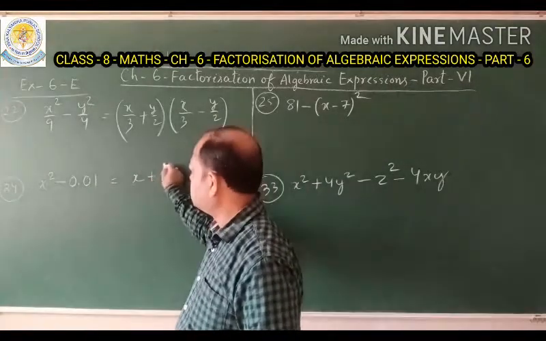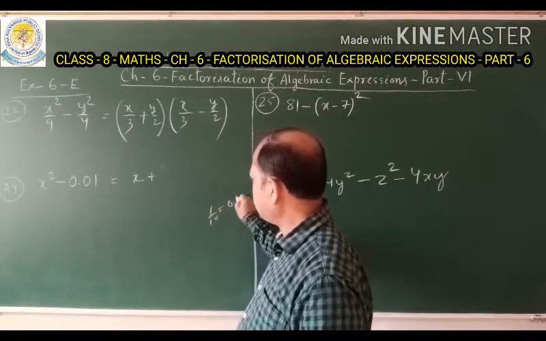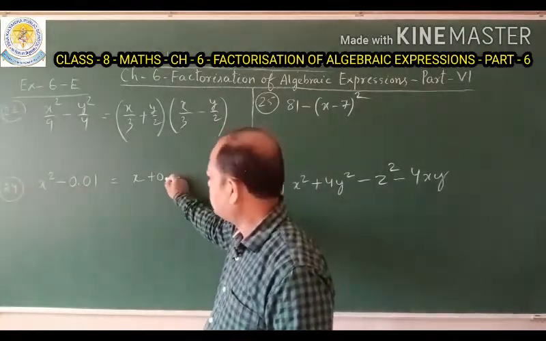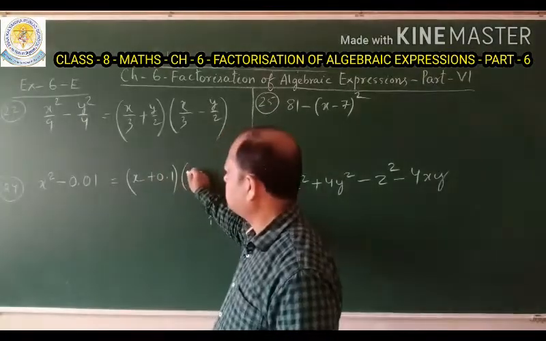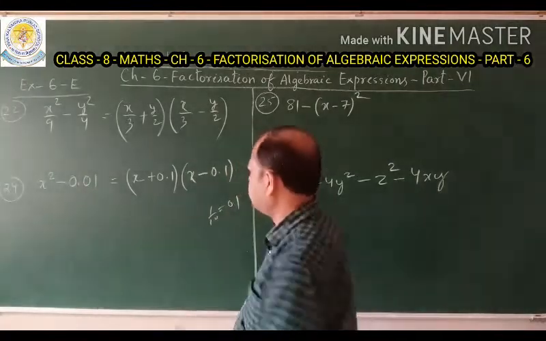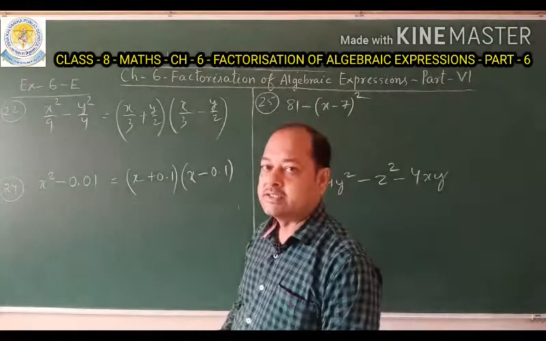So x plus 1 upon 10 is how much? 1 upon 10 is 0.1. So x plus 0.1 into x minus 0.1. If you multiply these two factors, we get x square minus 0.01.